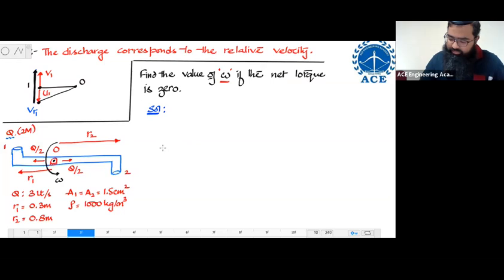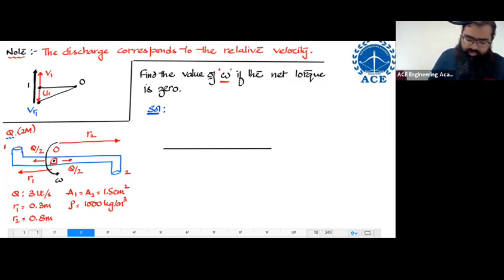Imagine that this entire line over here is representing this entire sprinkler. I'm choosing a point. This point is some point O. This point over here is some point 1, and this point over here is some point 2.